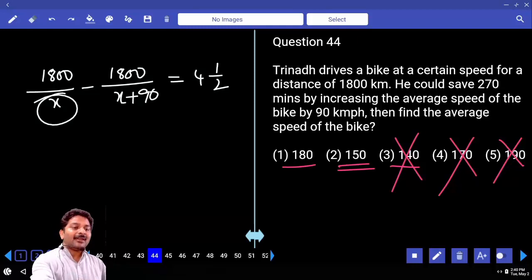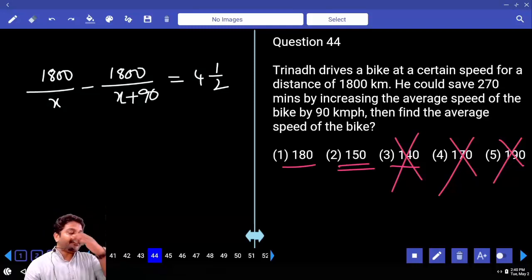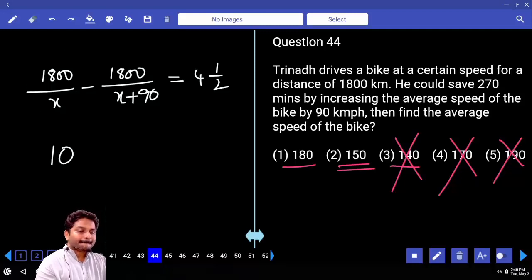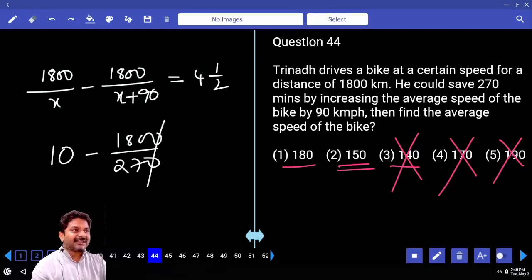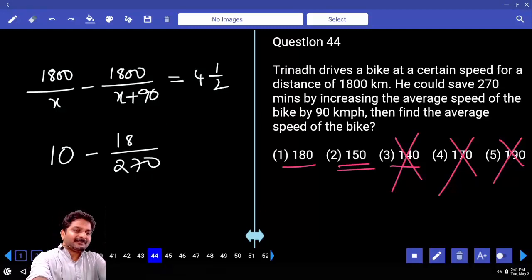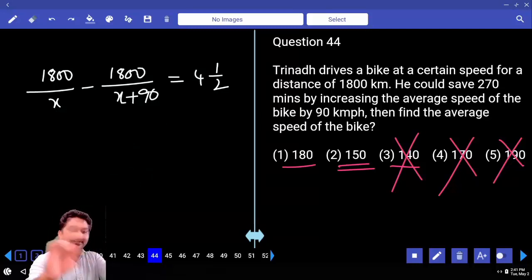Now let's verify it. First option, if it is 180: 1800 by 180, 180 plus 90 is 270, 1800 by 270, the 0 0 gets cancelled, 9 times 20, 9 times 3, 10 minus 20 by 3. Is that equal to 4.5? Come on, it has to be the second option then. Let's verify.